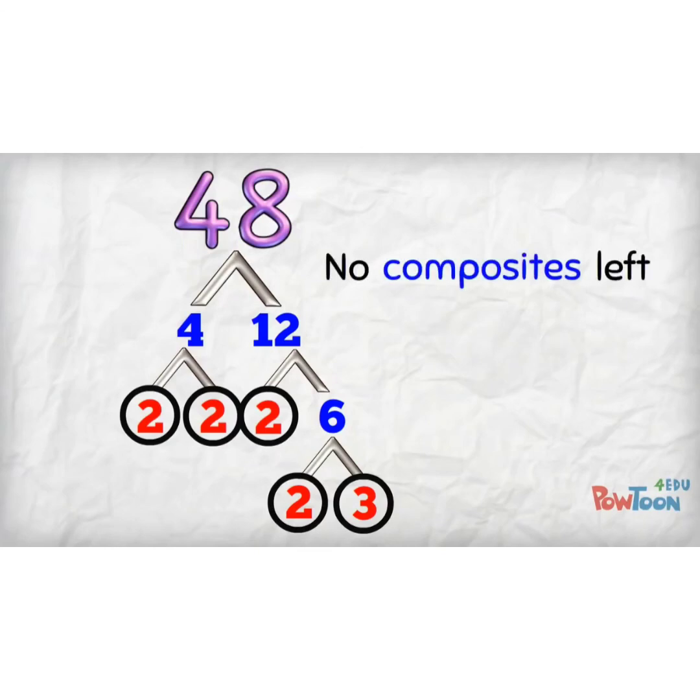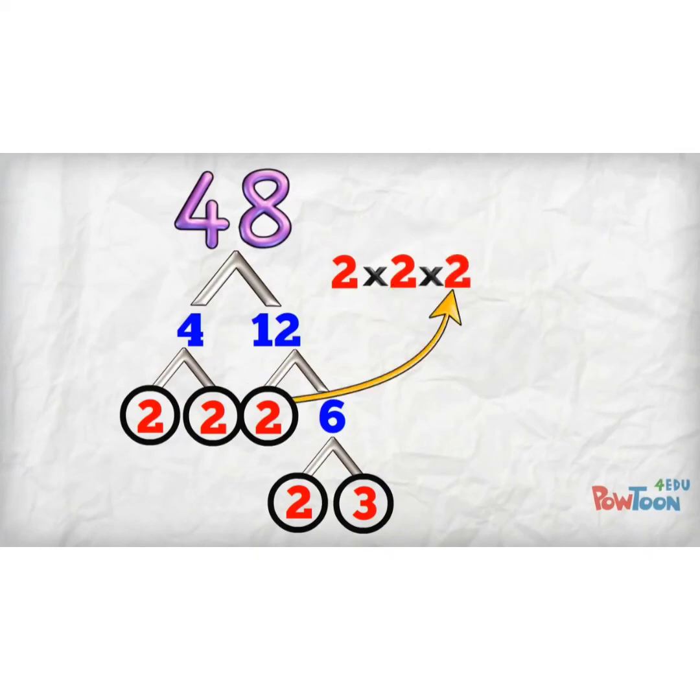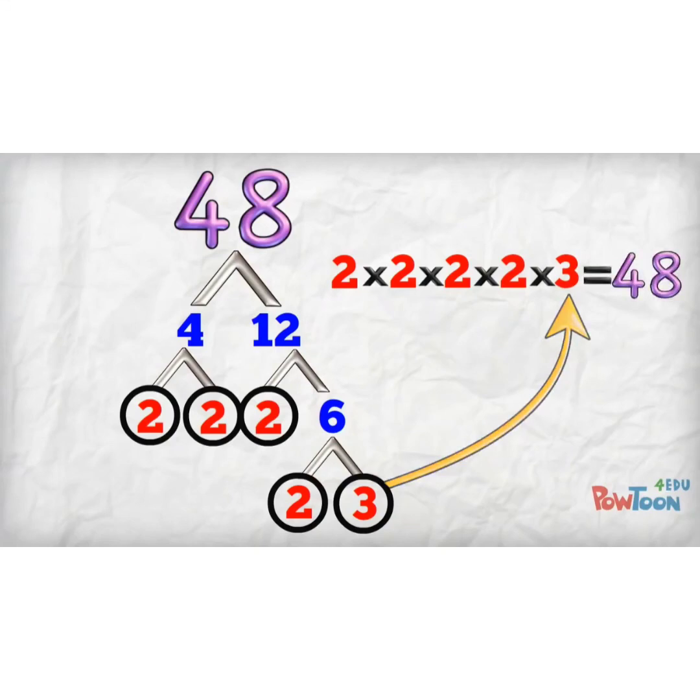Circle all the prime numbers and no composite numbers are left. I collect all the prime numbers and the prime factors of 48 are 2 into 2 into 2 into 2 into 3. Isn't it interesting, students?